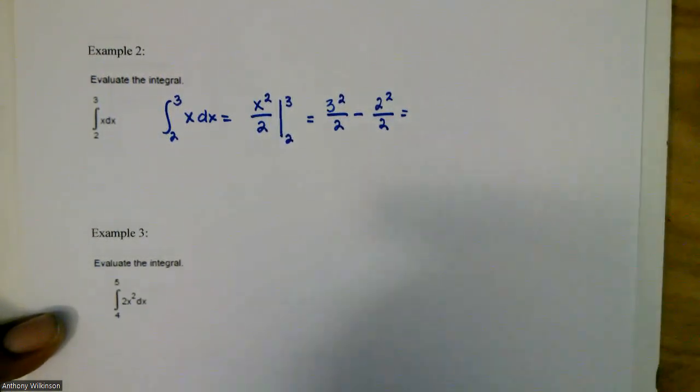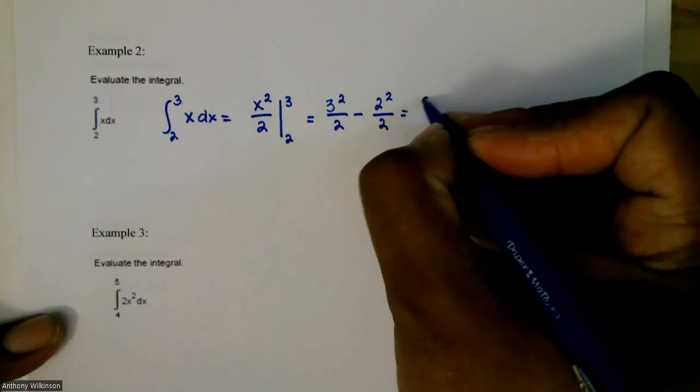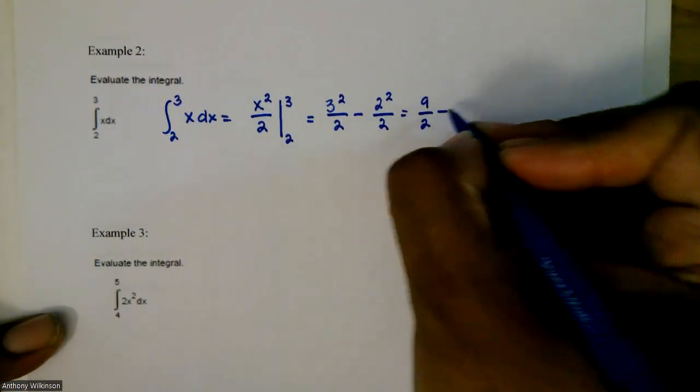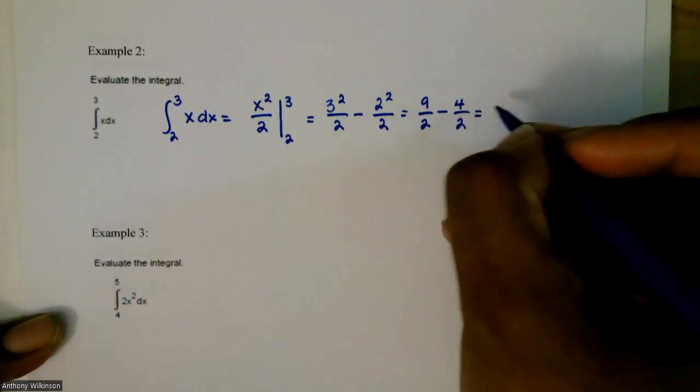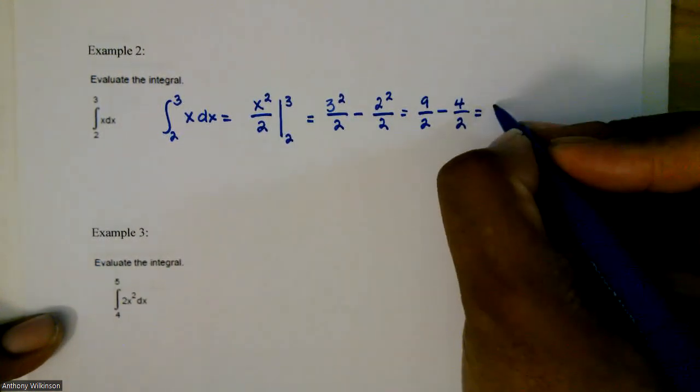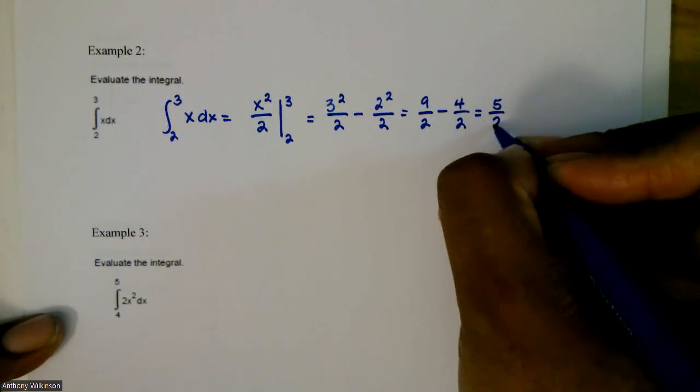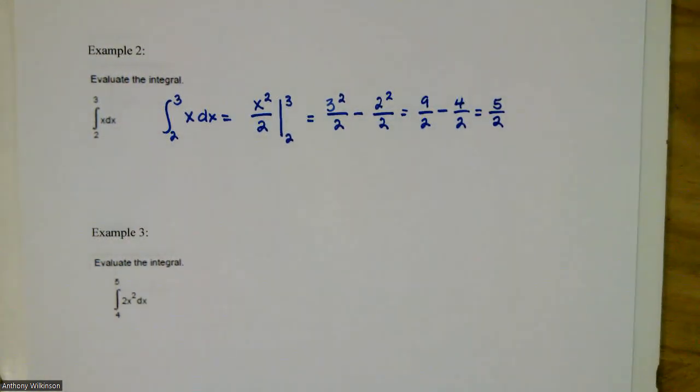So in this case here, if I square the 3, that's going to be 9. So it'd be 9 over 2 minus 2 squared, which would be 4 over 2. So if I subtract 4 halves from 9 halves, that would be 5 halves. That 5 halves represents the area of the curve between 2 and 3.